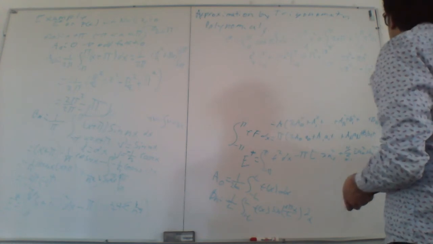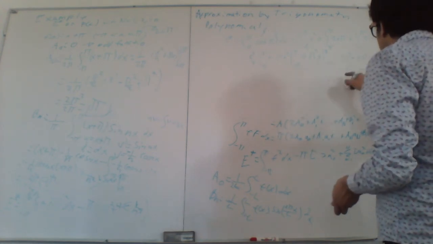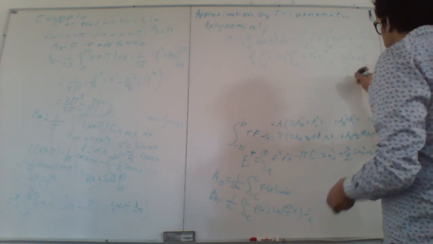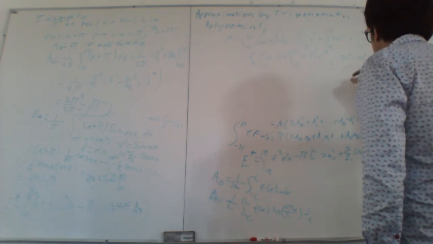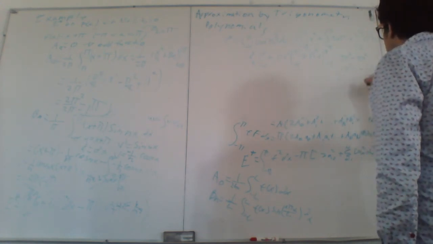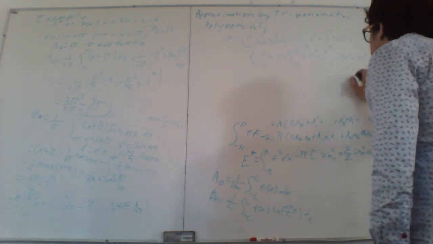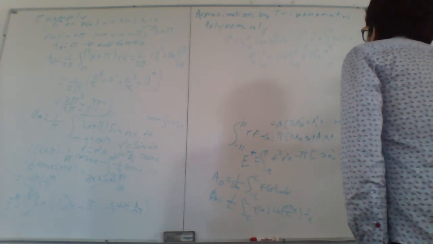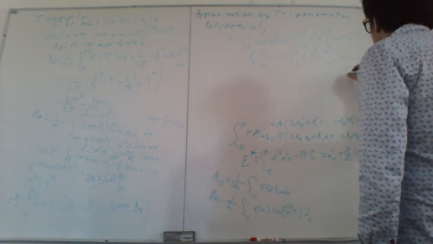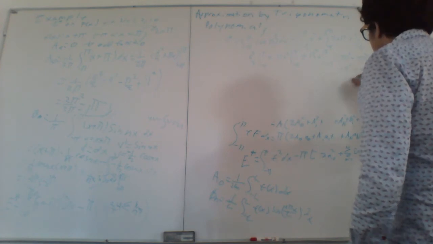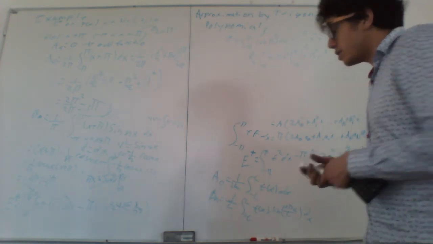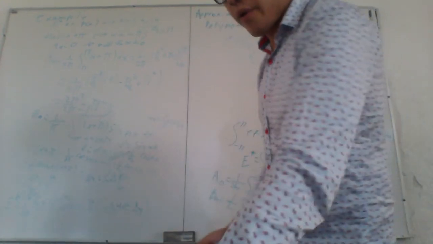Yeah, this one is eliminated. Pi to the third, minus times minus is plus, so it is 2 pi to the third. That's the answer for this integral.